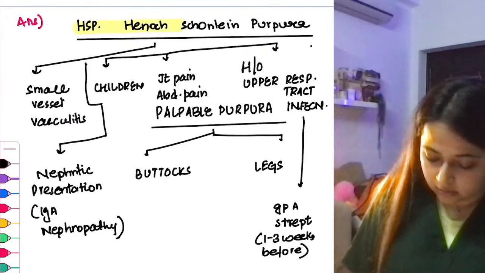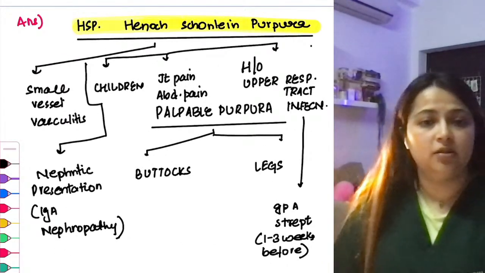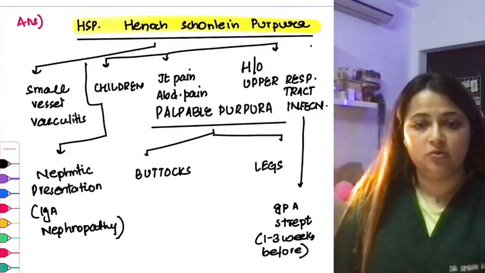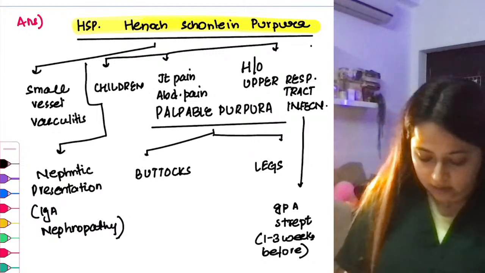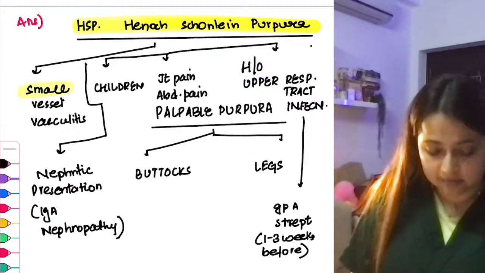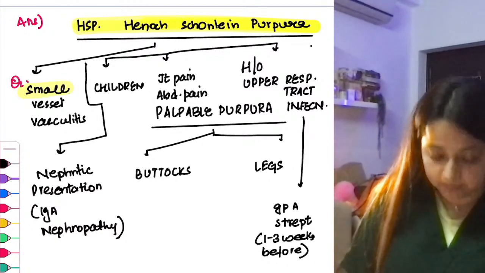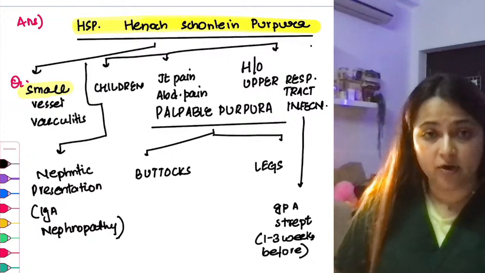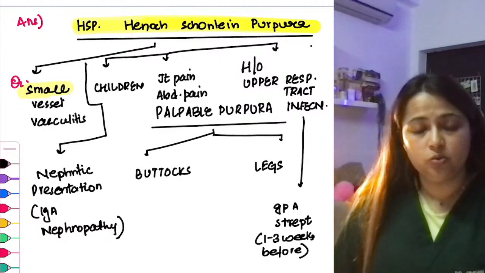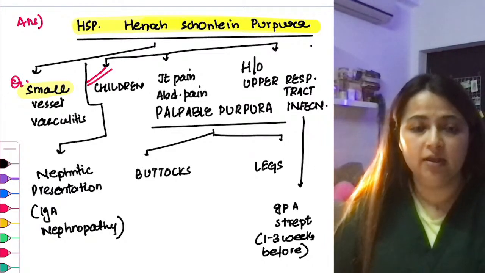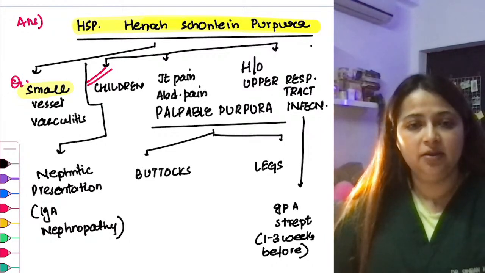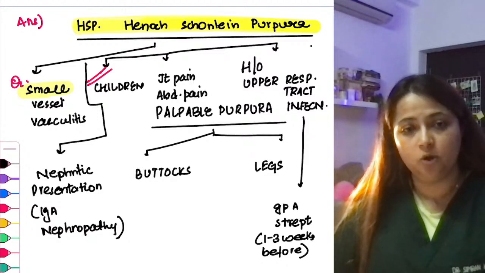Okay, so number one, this is a kind of vasculitis. Vasculitis means the inflammation of the vessel wall. So what type of vasculitis? Number 1 point, small vessel. Another high yield point: what type of presentation could you be given in the exam? A child having joint pain, along with that the child having abdominal pain.